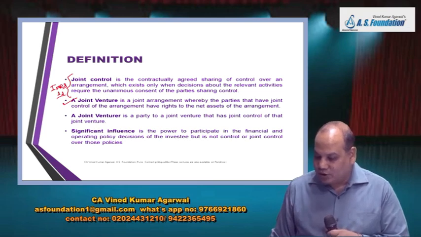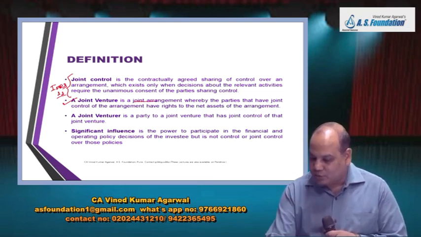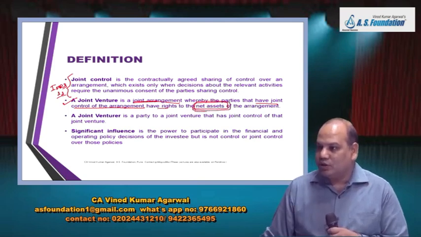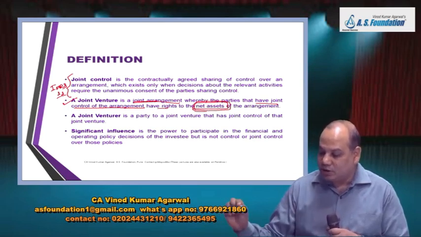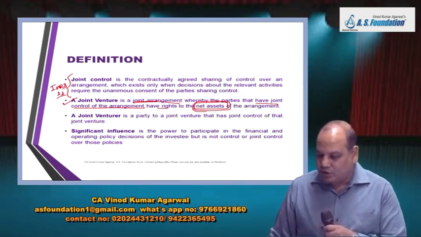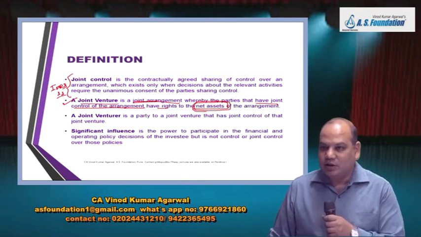It is a joint arrangement, a type of joint arrangement where the parties that have joint control of the arrangement have the right to net asset of the arrangement, not to individual assets or individual liability, but they have a right in the net asset of the arrangement. Normally, joint venture is in the form of a separate legal entity.